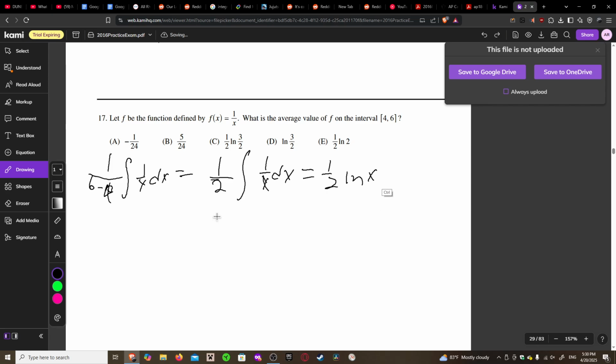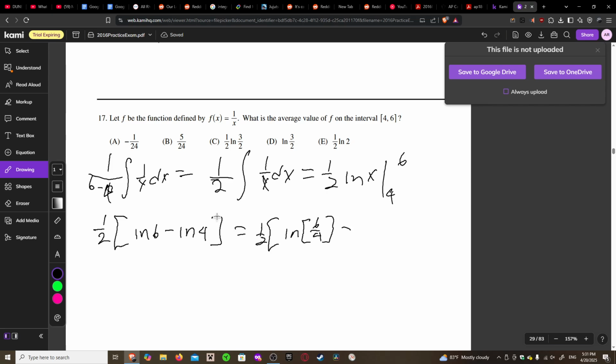Oh, sorry, definite integral. One over 2 ln 6 minus ln 4, which is just 1 over 2 times ln of 6 over 4, which is just 1 over 2.